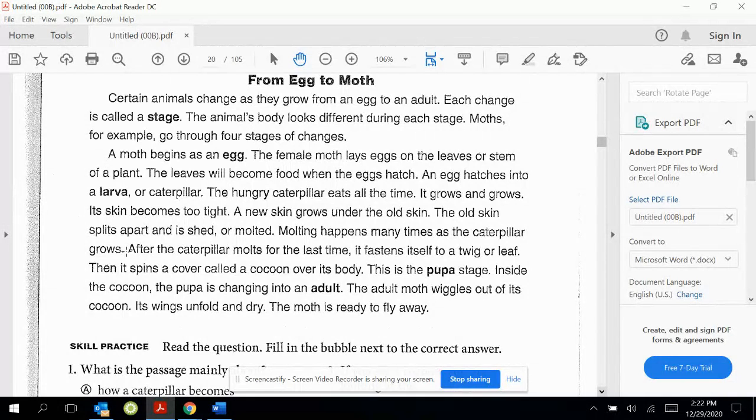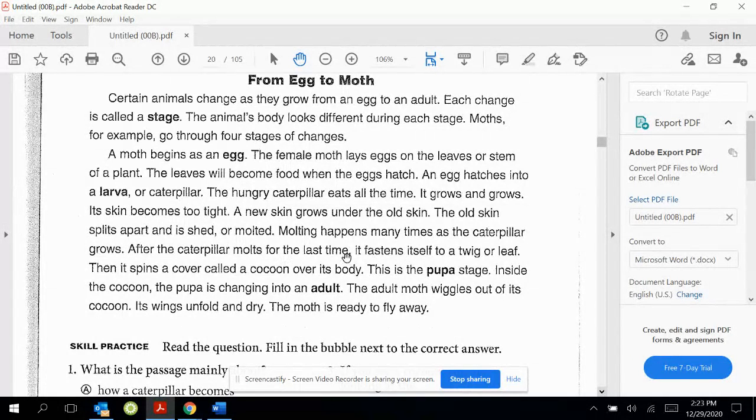So caterpillars, they eat a lot, don't they? And they grow. They eat a lot and grow, and their skin gets too little for them. And so they have to molt and get rid of their old skin, and they have a new skin underneath that they use as it keeps growing.